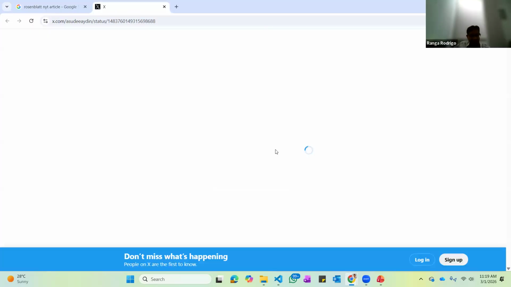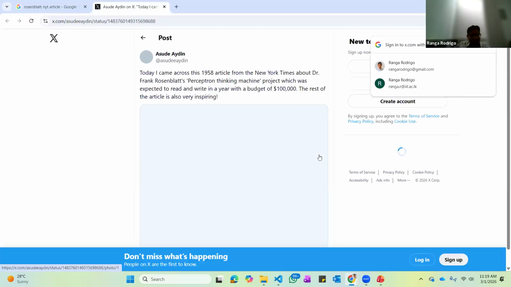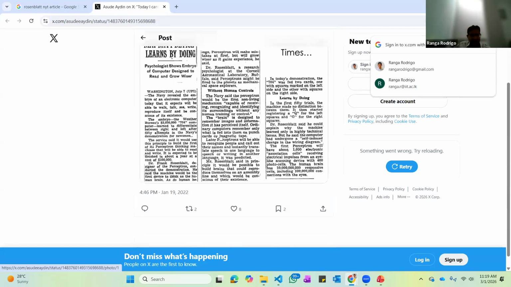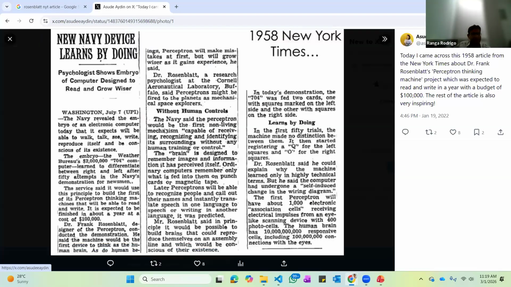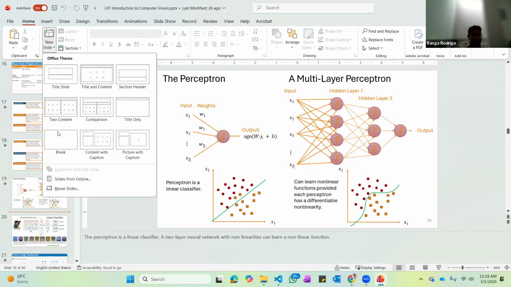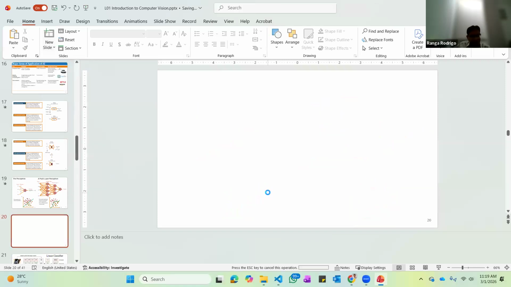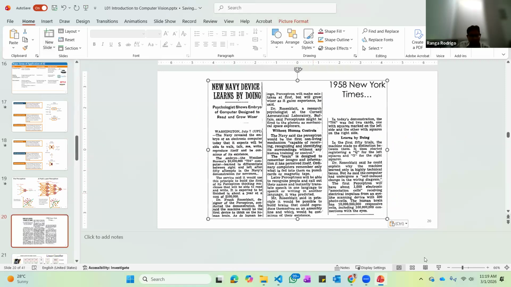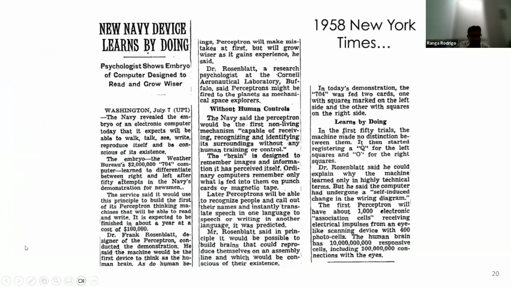I should have a copy of that article. Yeah, this is that article. There you can see, new Navy device learns by doing. I think I'll copy it and put it in the slide, then do some highlighting.